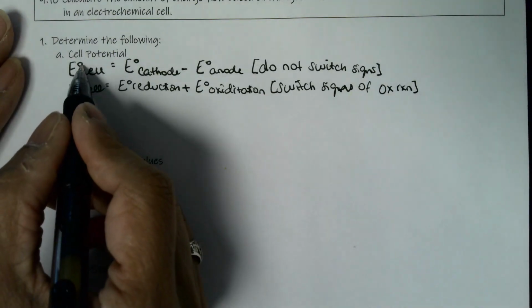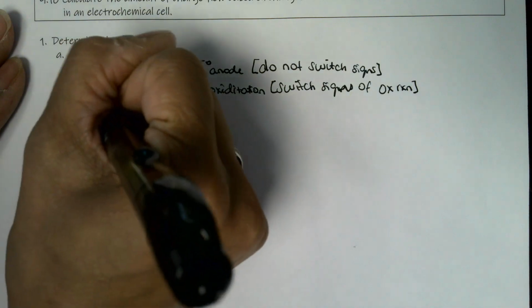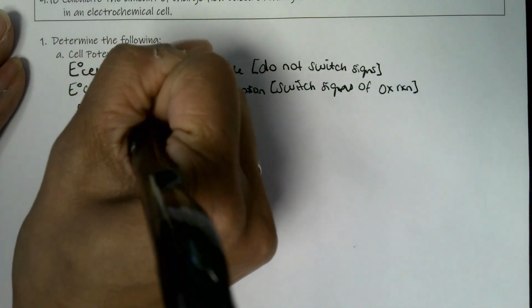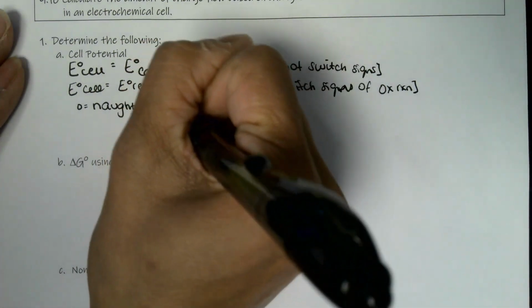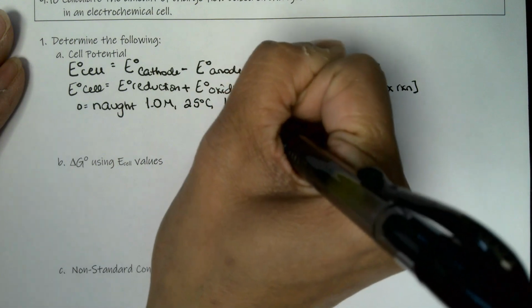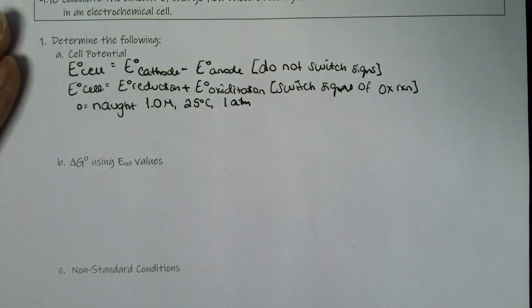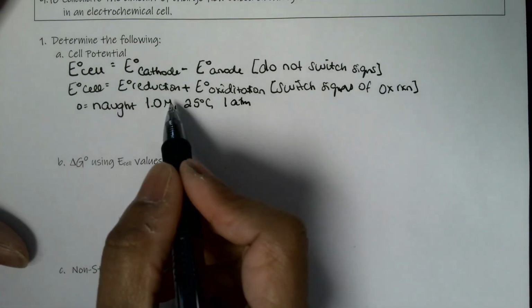To remind you, that degree symbol is something called naught, and that's giving us the standard conditions of 1.0 molar, 25 degrees Celsius, and 1 atm if we're dealing with any gases that might be forming. So again, those are standard conditions.